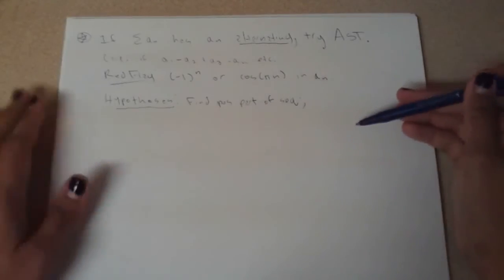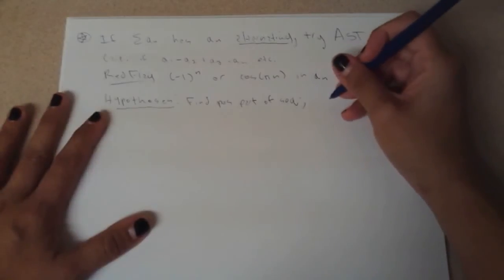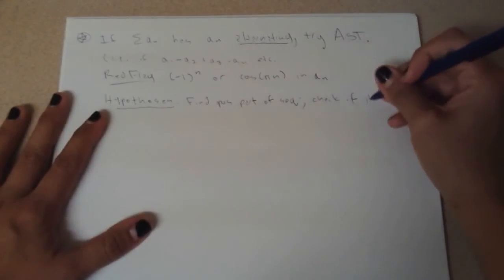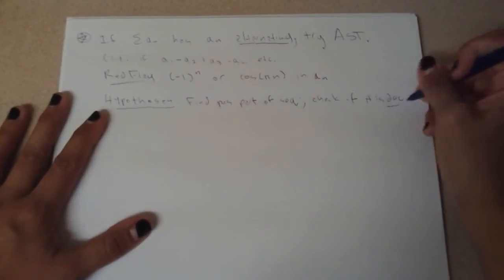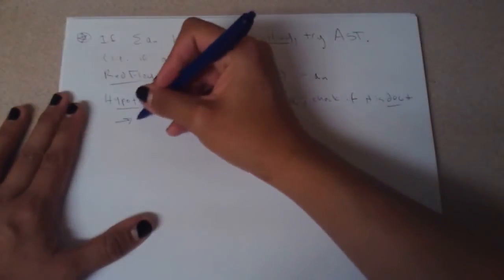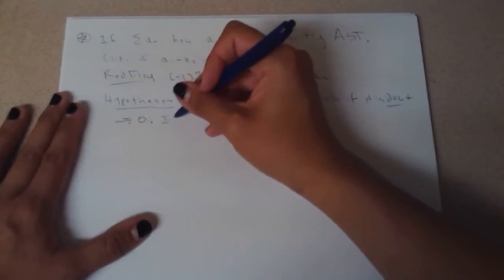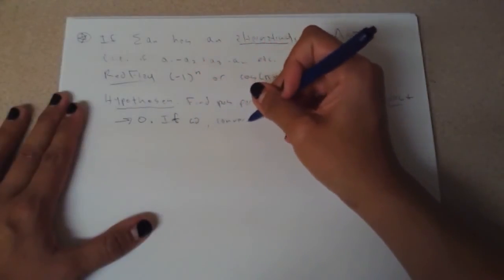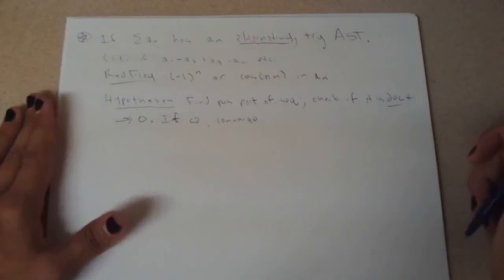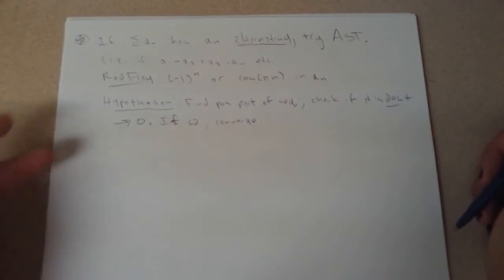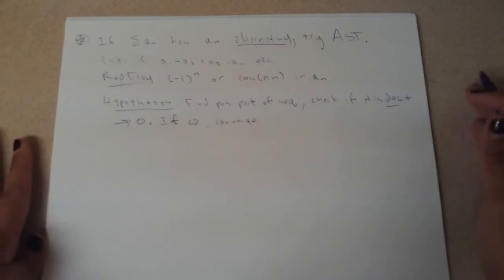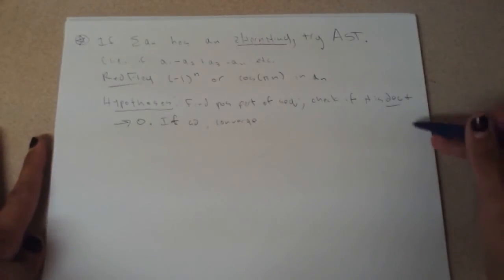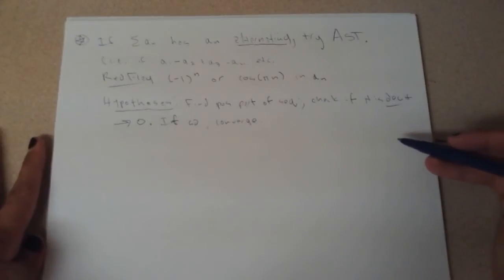So find that positive part of the sequence. The hypotheses that we needed to verify were to check if it is decreasing and if it is going to 0. If so, that means that we converge. Recall, you've got some techniques in your tool belt for checking your limits, things like dominant terms, things like L'Hopital's rule. As far as decreasing, there are two ways that we could think about that.